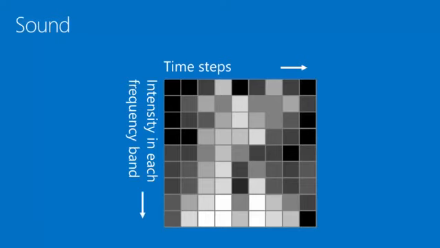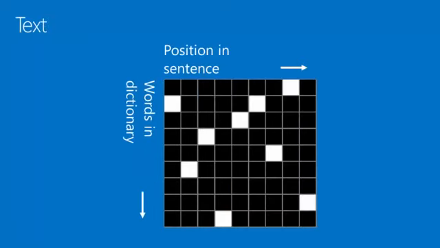Once you do this with sound, it looks like a picture. It looks like an image, and you can use convolutional neural networks with it. You can do something similar with text, where the position in the sentence becomes the column, and the rows are words in a dictionary. In this case, it's hard to argue that order matters.